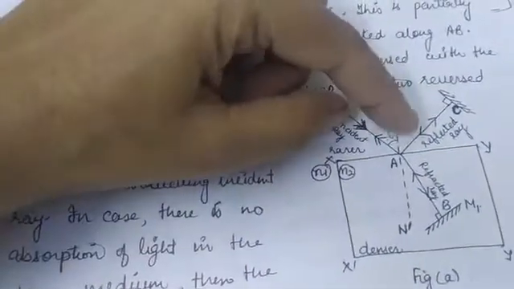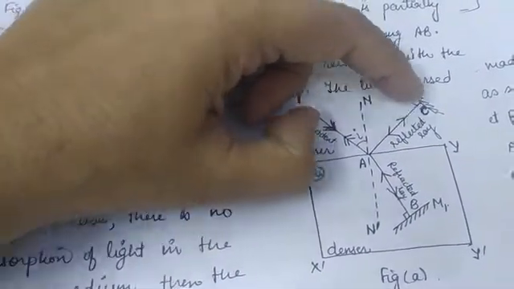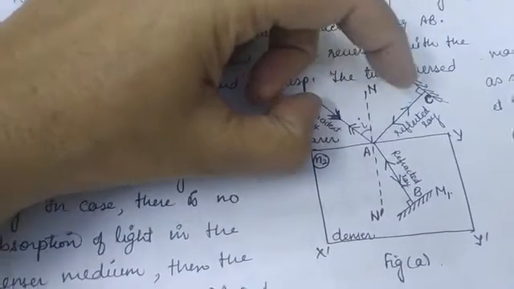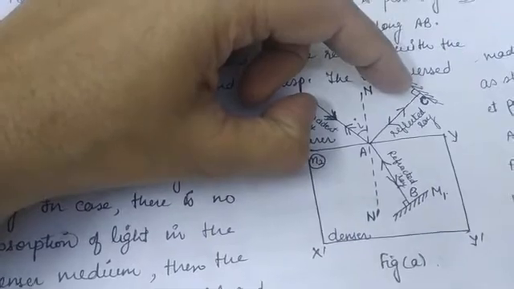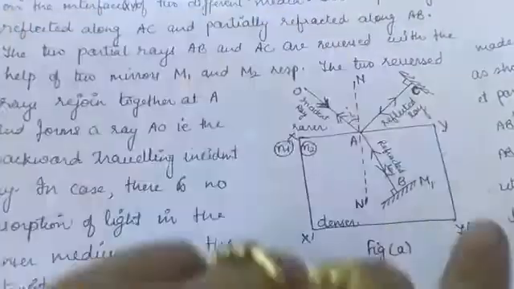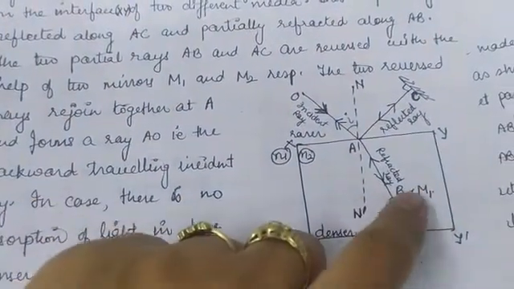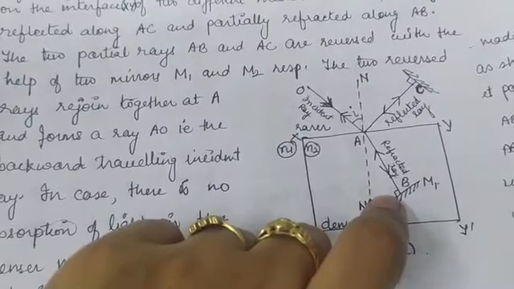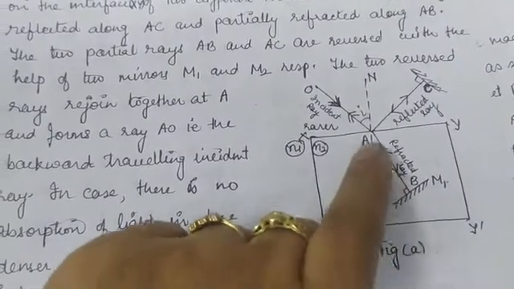Now what happens when this beam gets incident on this mirror at 90 degrees? It gets reflected back. That means the mirror is responsible for it to retrace its path along CA. Similarly, the ray AB has been reflected back by the mirror M1 after getting incident at an angle of 90 degrees along the path BA.